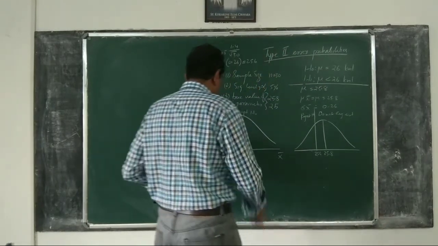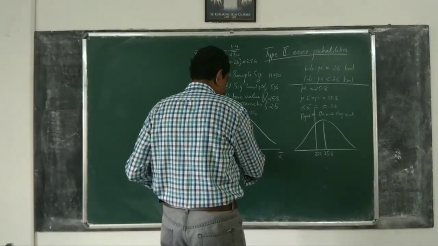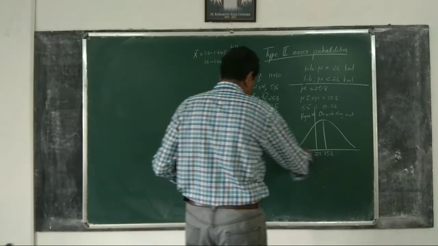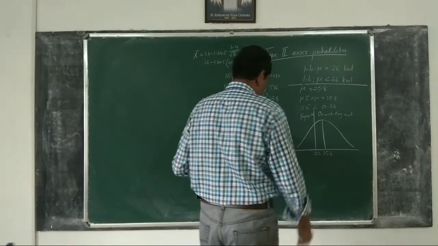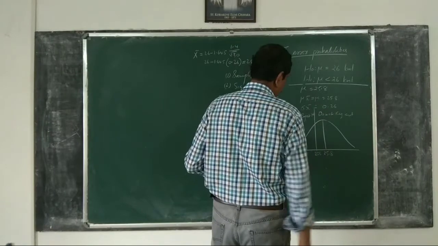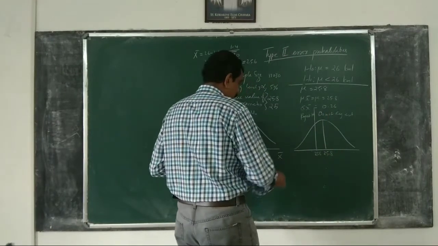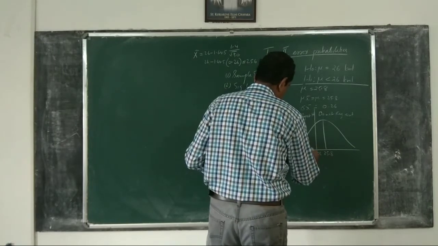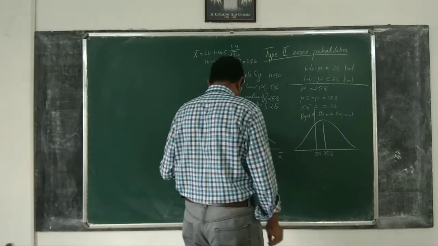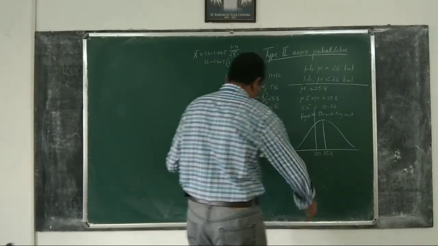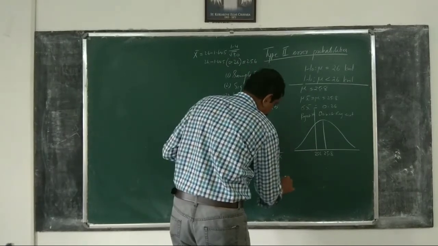If 25.8 is the mean value, we reject H0 if the value of x bar from the sample is less than 25.6. And the Z score is, Z can be calculated like this.